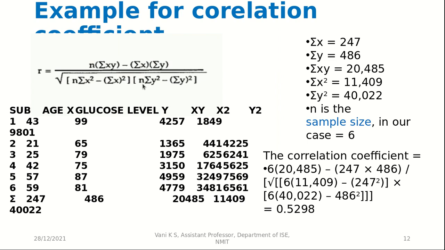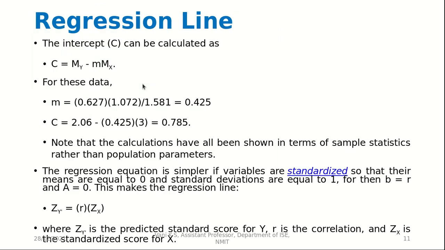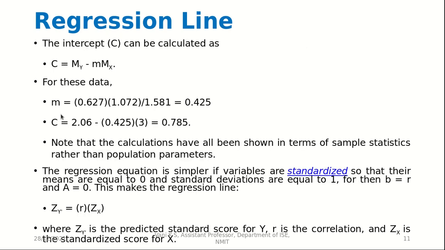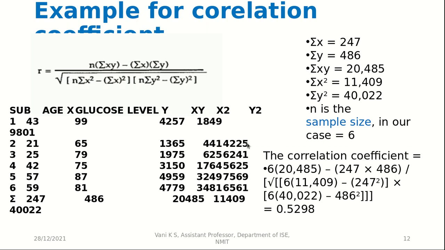I assume that you will be able to learn these formulas and calculate the slope and intercept. Once you have the slope and intercept, it is easy to get the equation, because we just have to place the slope and intercept in the equation.